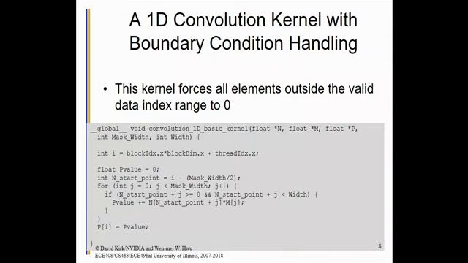So in every iteration, the N index that we're using is N_start_point plus j. The starting point is the leftmost location, and we just add the j value in each iteration to find the real N index. So we test that N index and make sure that it's greater than or equal to 0 and less than Width. That gives us the test for the N index we're using to access the input.